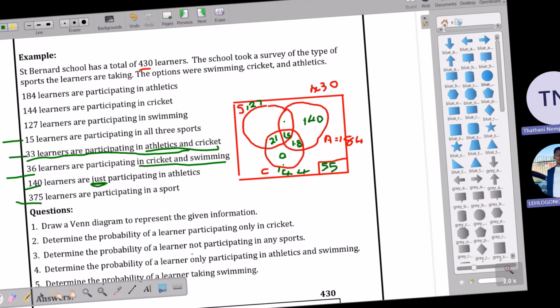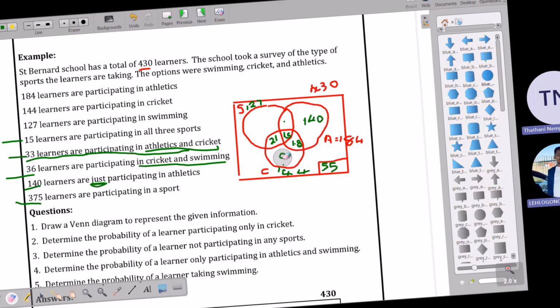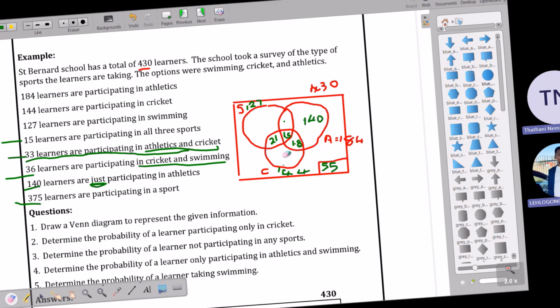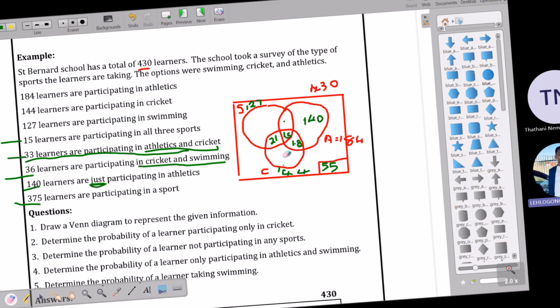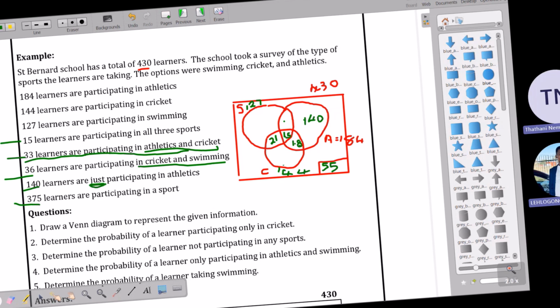Which means you are going to add 21 plus 15 plus 18, which is going to be 54, then minus from 144. Then how much do we get? 90. Yes.